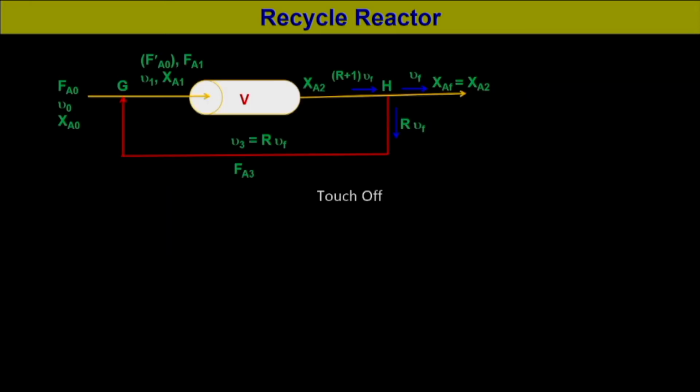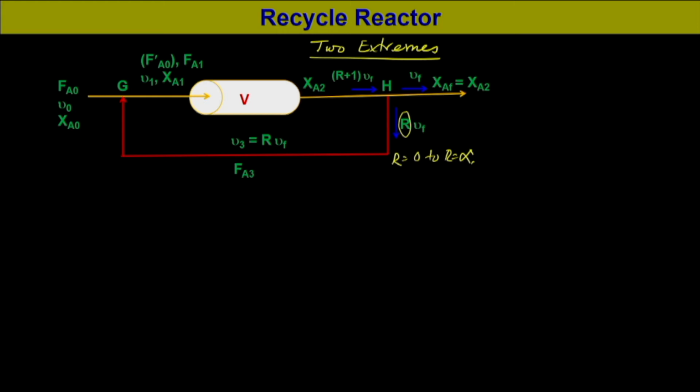Now, if we consider recycle reactors, there are two extremes we can consider. What are those two extremes? One is the recycle ratio, we can vary R from 0 to R equal to infinity.